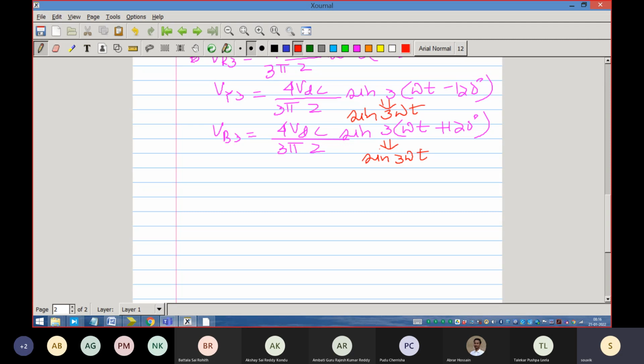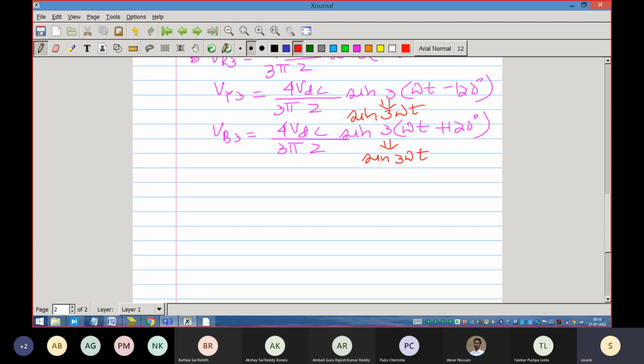If we just independently do the Fourier series analysis of that waveform, we'll get third and all multiples of that. Third harmonic, ninth harmonic, then 5 times 3 is the 15th harmonic, and so on and so forth, right?